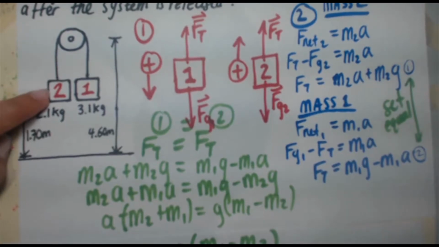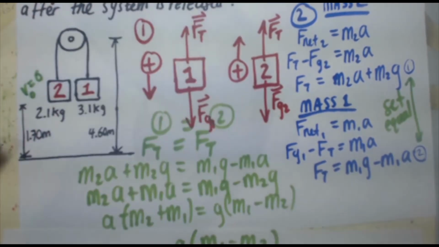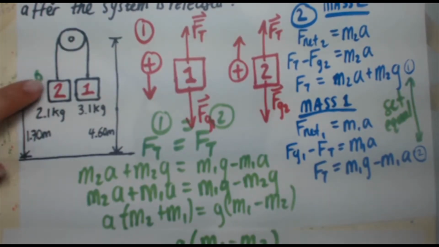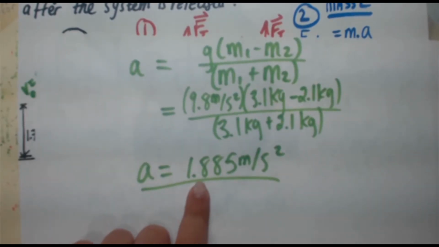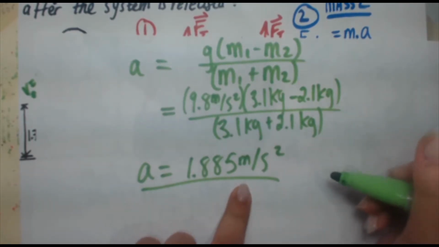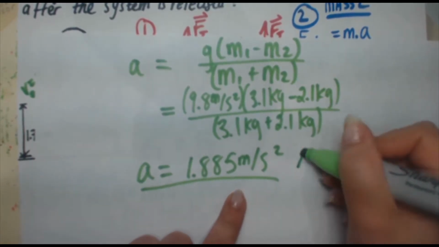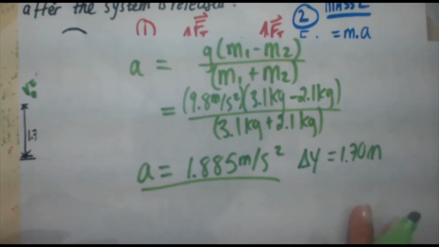Right now, just when the system gets let go, the speed of block 2 is 0, right? That initial speed V0 is 0. It accelerates up, and it accelerates at this rate, 1.885 meters per second squared. And we know that it's going to travel through a distance delta y equals 1.70 meters, at least, right?